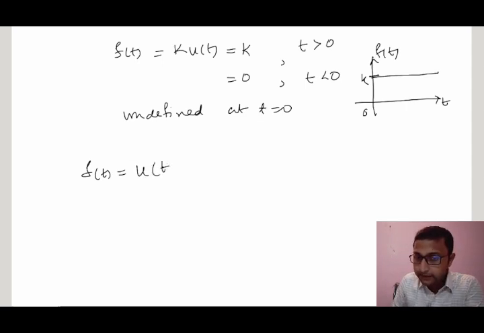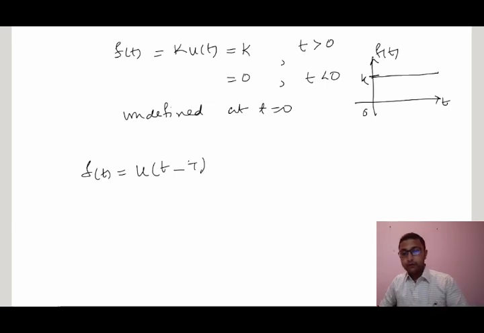This is a unit step signal, but the signal will start delayed from the origin by capital T seconds, that means t minus capital T. Why minus capital T? f(t) equal to u(t) means the signal is a unit step and will start from the origin, but there is a phase shift, so the signal will start capital T seconds later from the origin. There is a delay.